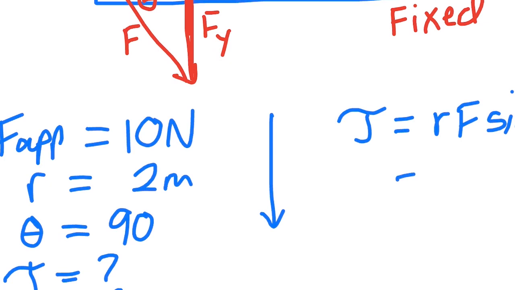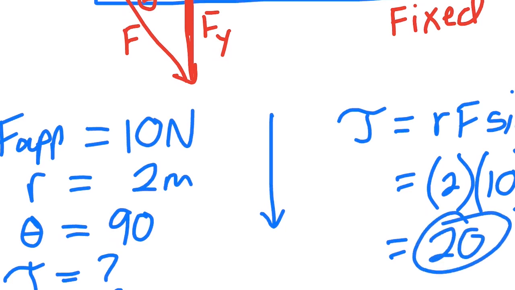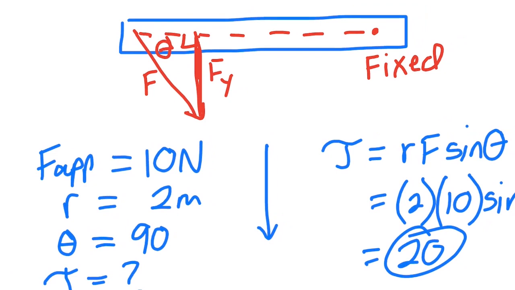And here, to solve for our torque, we plug in our value for R, which is our distance between the applied force and the fixed point. We plug in our value of F, and we plug in our angle. And when we multiply those out, 2 times 10 is 20, sine of 90 is 1, 20 times 1 gives us 20. So that would be our value for torque in this scenario.